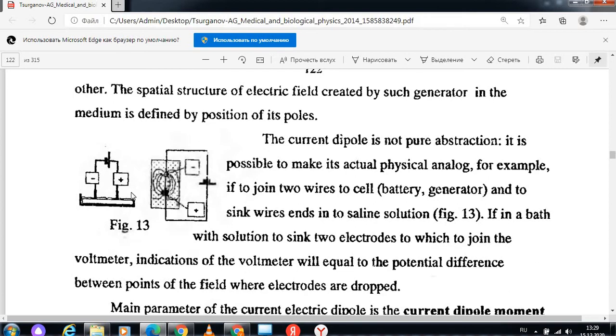So the current dipole is not a pure abstraction actually. It is possible to make its actual physical analog.